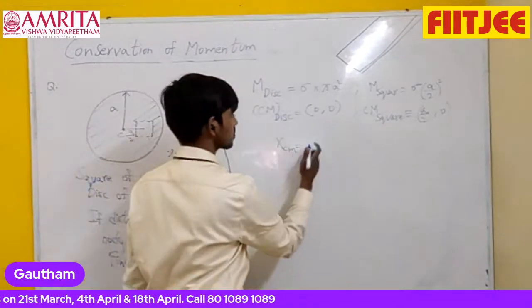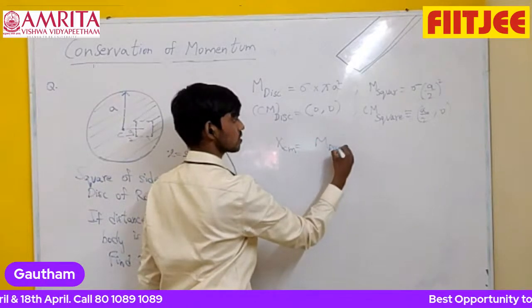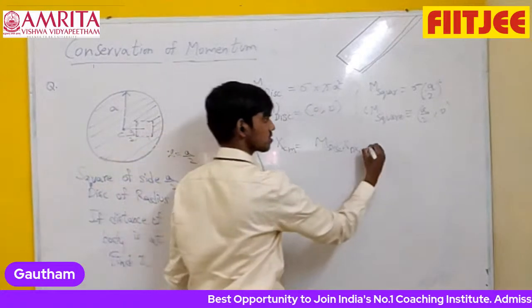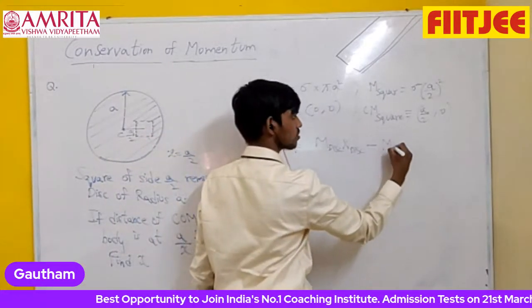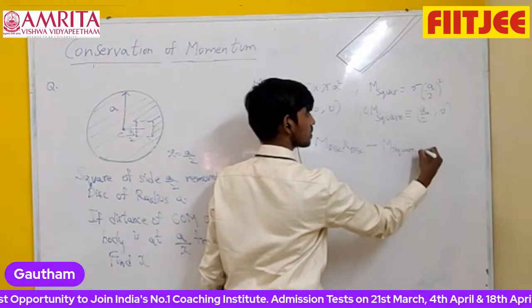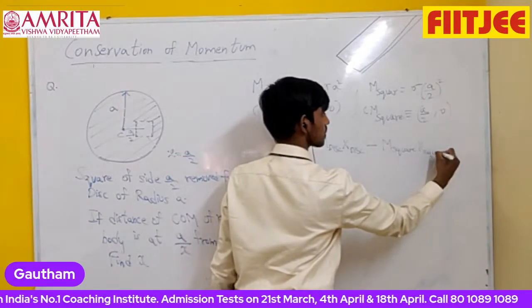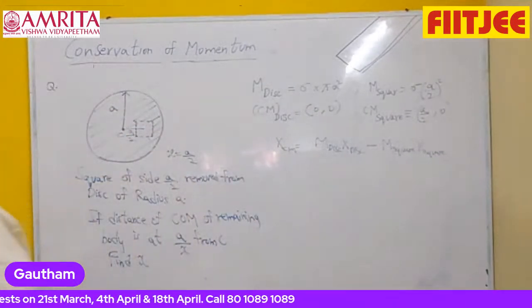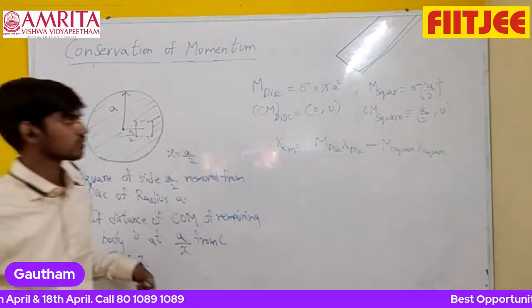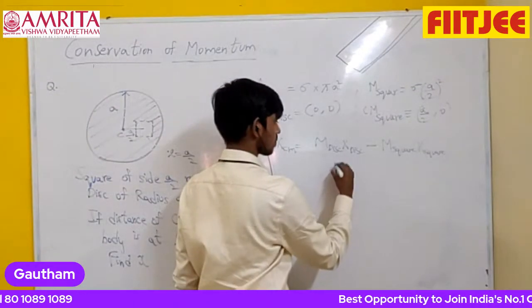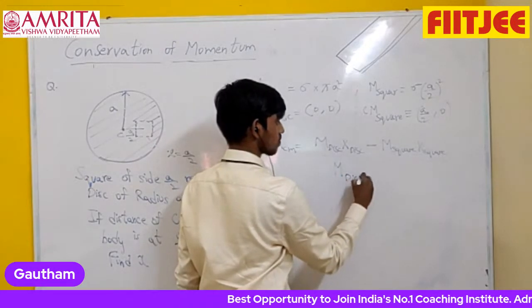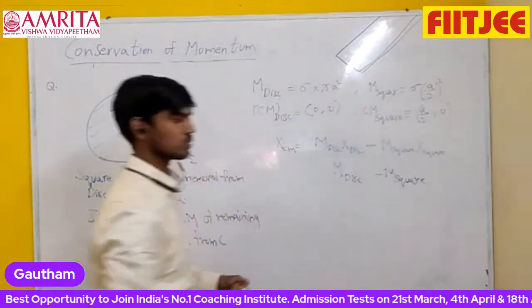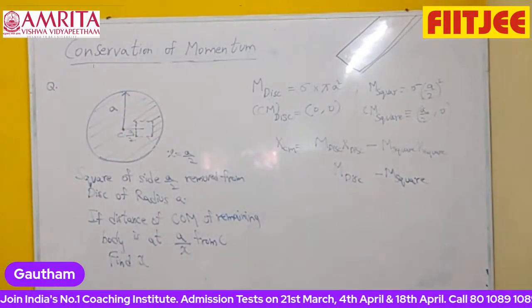The x coordinate of center of mass is mass of disk into x coordinate of the center of mass of the disk, minus, since you are removing the square, mass of square into x coordinate of square, divided by mass of disk minus mass of square. Okay, so write this down.